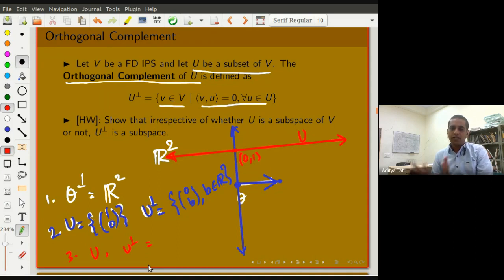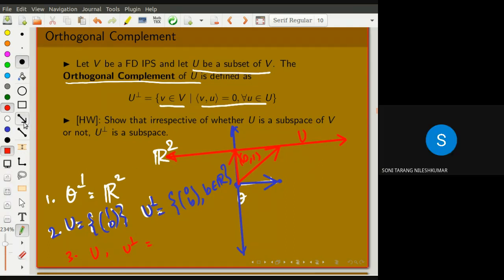How many linearly independent vectors are there in U? This vector is in U, this vector is in U. Are these two vectors linearly independent or dependent? Independent.